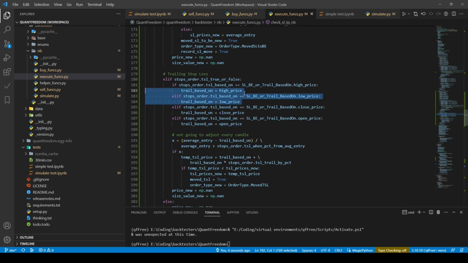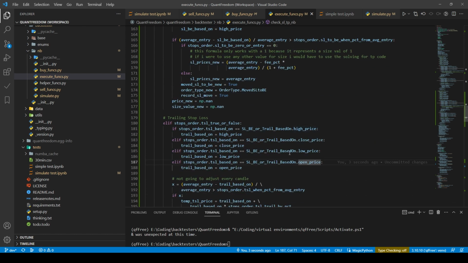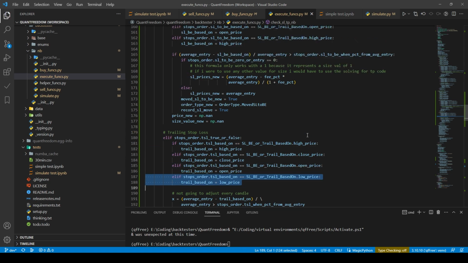They'd probably choose something like this. They're either going to choose the high or the close. And here, somebody's going to either choose the low or the close. Let's just do like this.